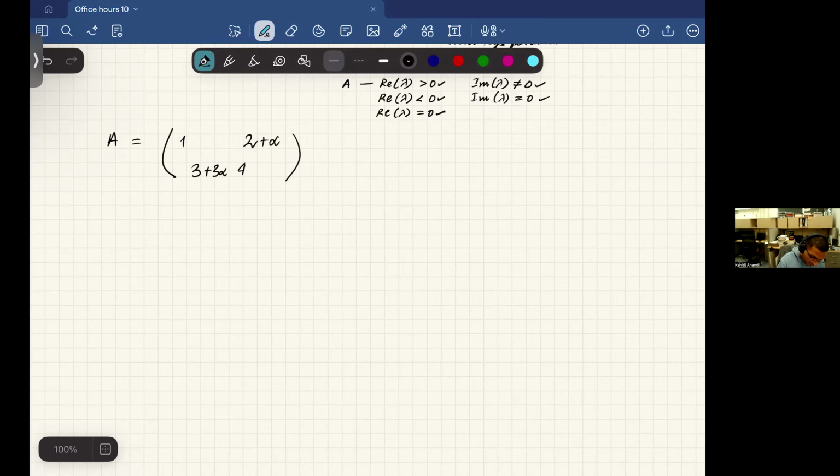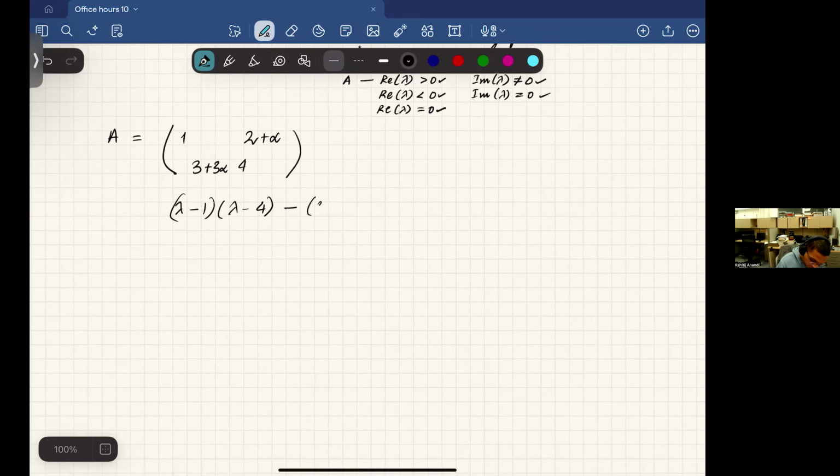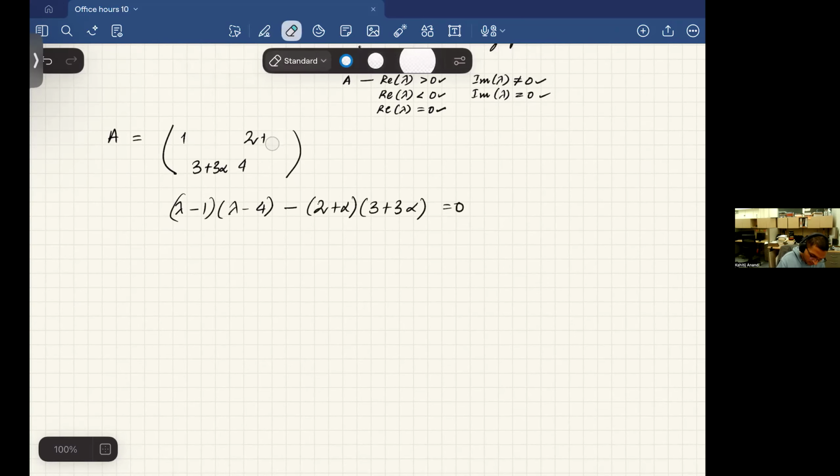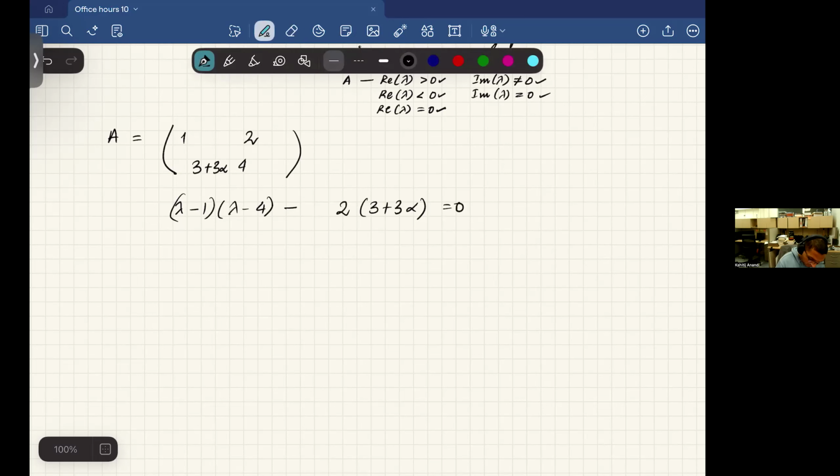So the eigenvalues of the system are going to be lambda minus 1 times lambda minus 4, minus 2 plus alpha times 3 plus 3 alpha. Or why even include one more? Just keep it 2. So what is this going to be? Lambda square minus 5 lambda plus 4 minus 6 alpha equals 0.